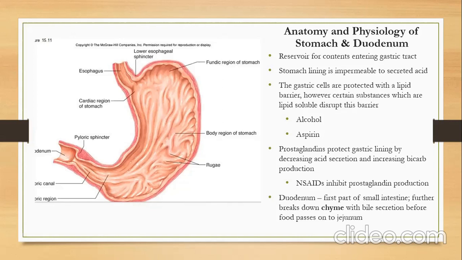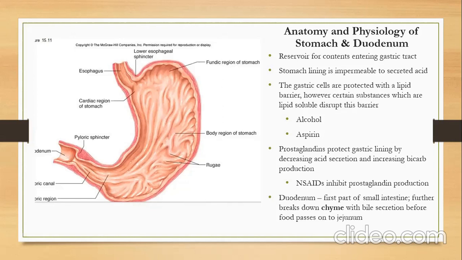So things like NSAIDs, aspirin, alcohol are going to weaken the lining and the lipid barrier of gastric cells, therefore putting you at risk for PUD, peptic ulcer disease, and gastritis, irritation and inflammation in the stomach, right?